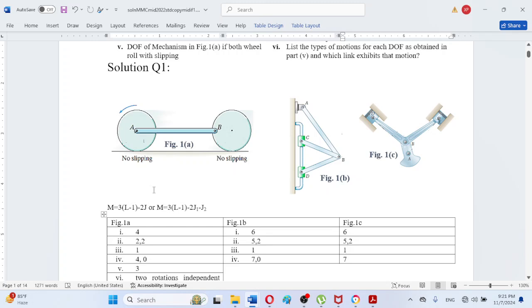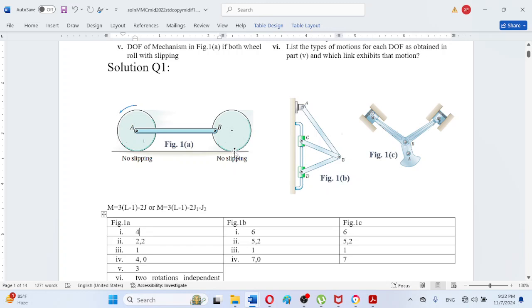So we can better use the formula with Kutzbach modification. We can observe that the number of links is the same, 4 links, but here there are 2 half joints, because now slipping is available. So rolling is also there and slipping is also there.